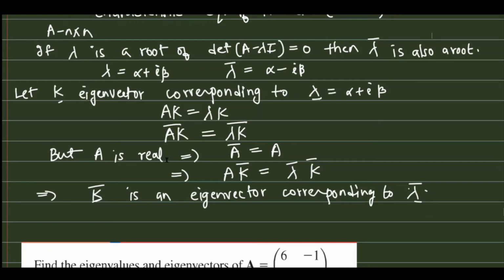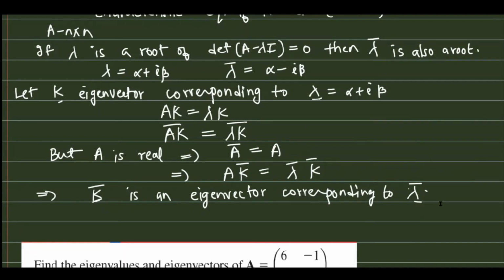Now since A is real, conjugate of A will be A itself. So we will get A K bar equal to lambda bar K bar. Now this shows that K bar is an eigenvector corresponding to lambda bar. So we see that a matrix can have complex eigenvalues, and if K is an eigenvector corresponding to the eigenvalue lambda, then K bar, its conjugate, will be the eigenvector corresponding to lambda bar.